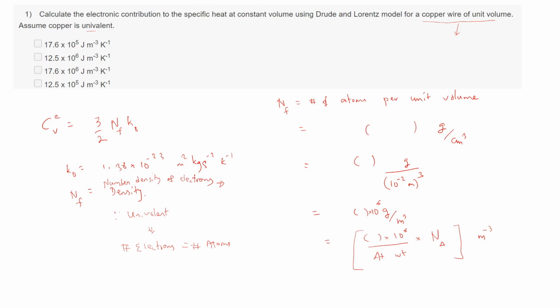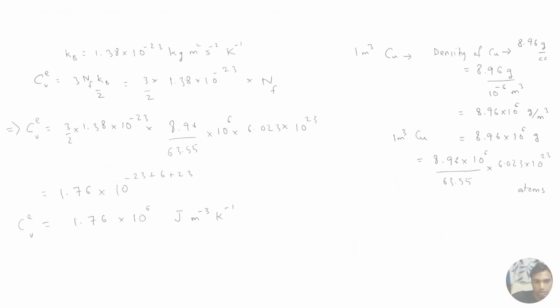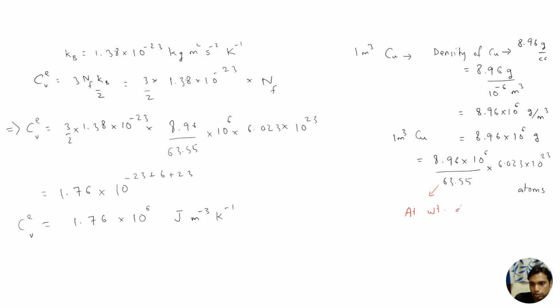I have just done this calculation here for you. The density is 8.96 gram per cc, and 1 meter cube will contain that many grams, divided by 63, the atomic weight of copper. So this many atoms are there in 1 meter cube of copper.